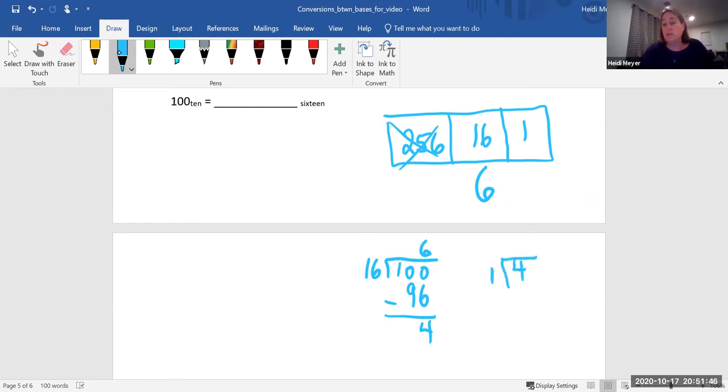And 1 goes into 4 4 times with no remainder. So the answer is that 100 in base 10 is equal to 6, 4 in base 16.